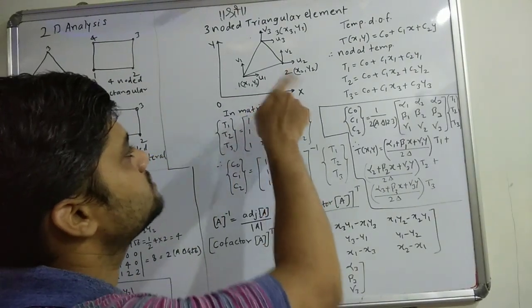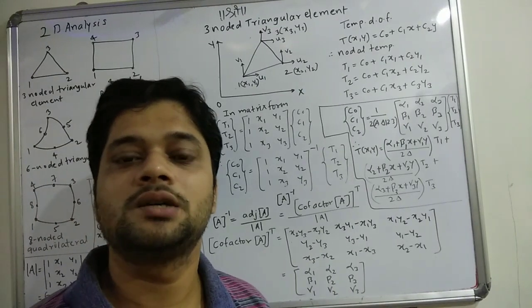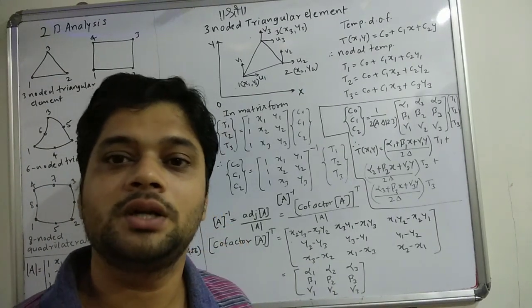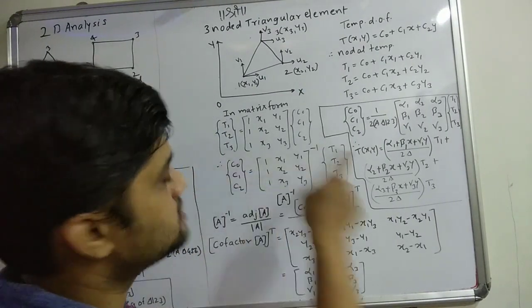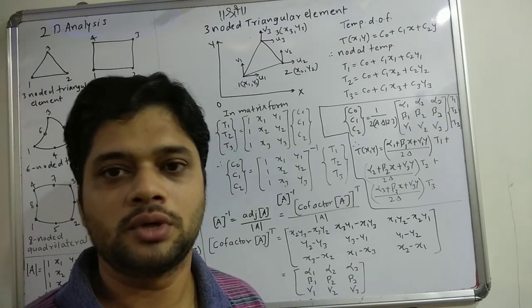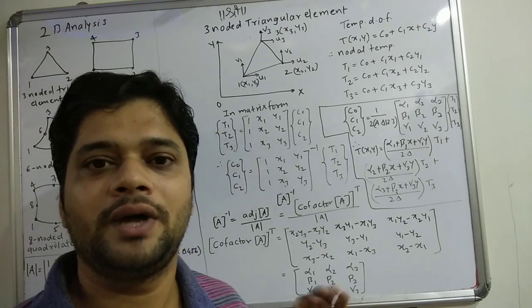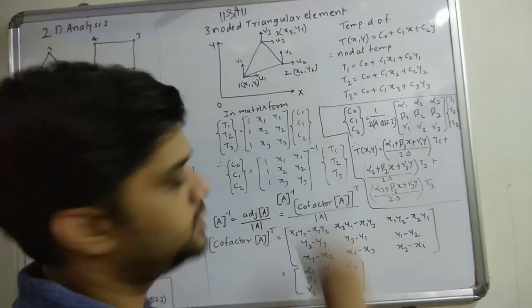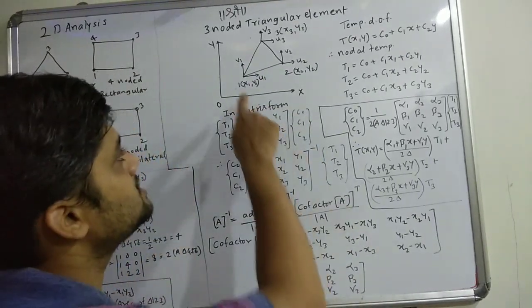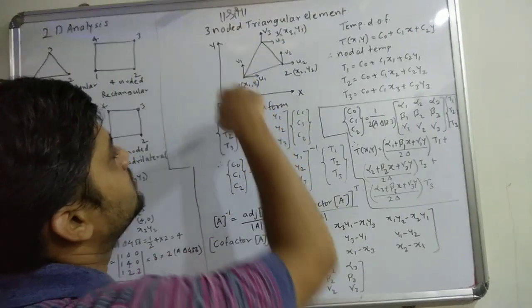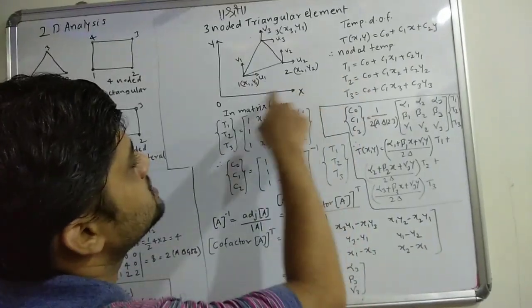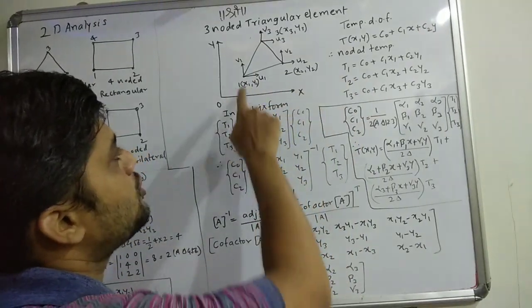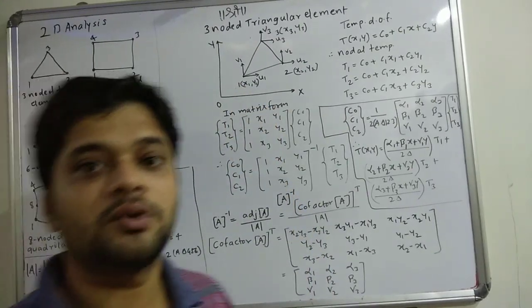Those 2 degrees of freedom are coming from the nature of the element. The nature of the element is 2-dimensional, so it requires 2 values, the x dimension value and the y dimension value, to completely define any point. That is the reason why, when I say x, y, that is the global coordinate system I am having. The coordinate of node 1 is x1 comma y1.